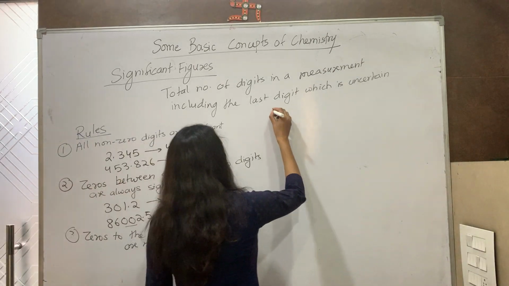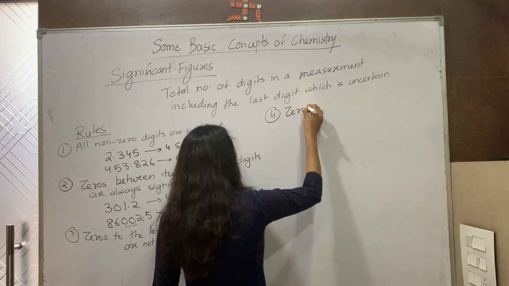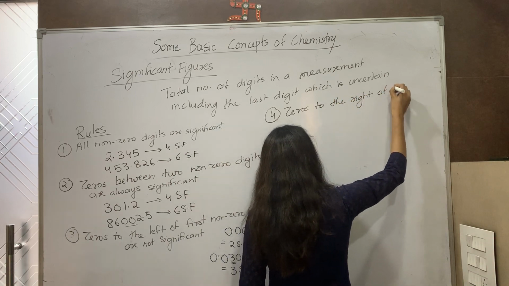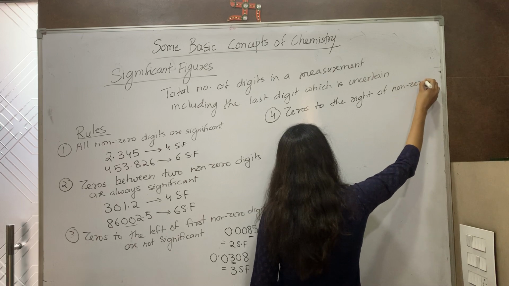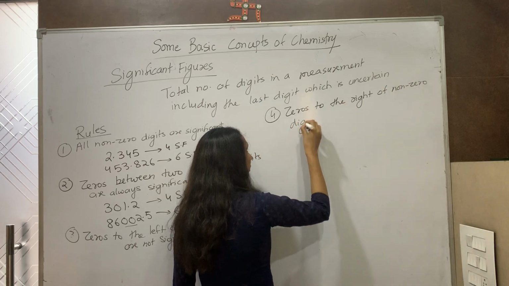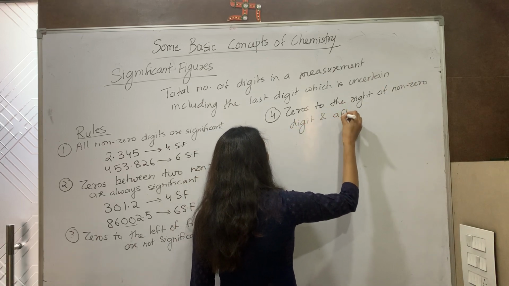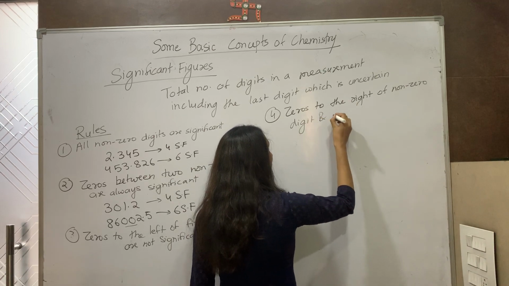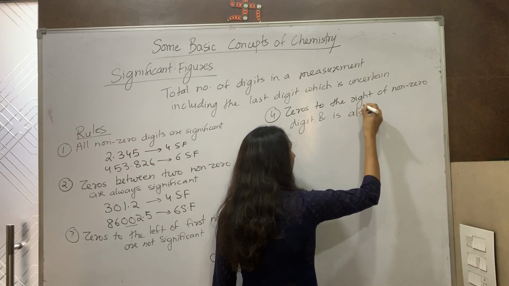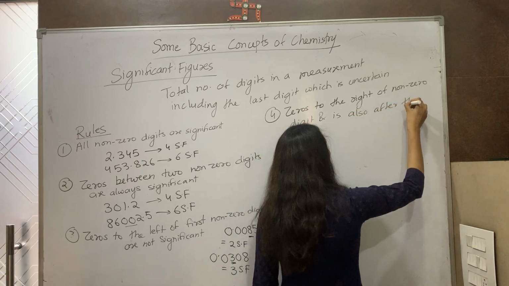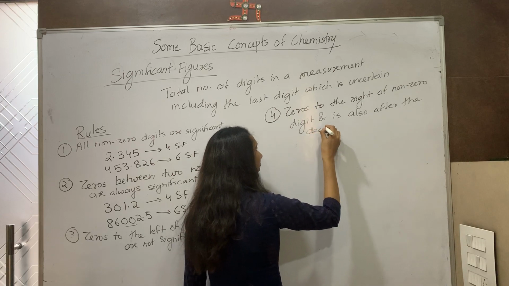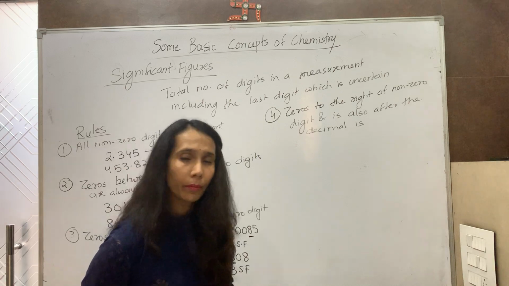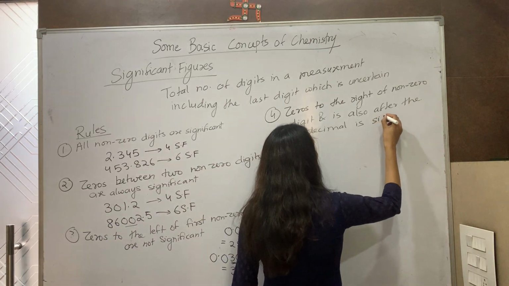Fourth, zeros to the right of non-zero digit and is also after the decimal is significant.